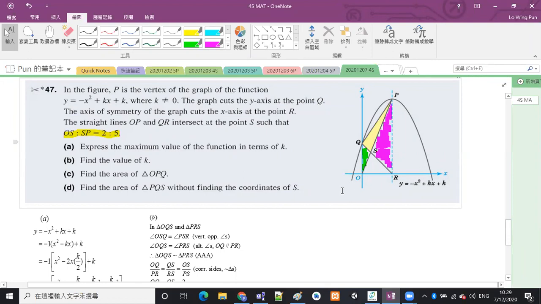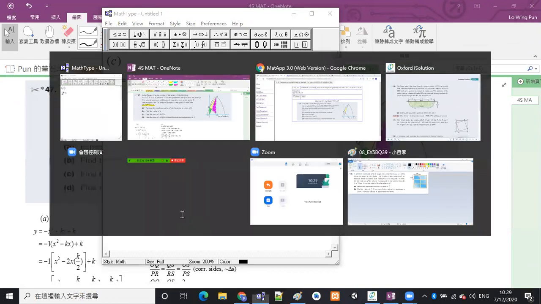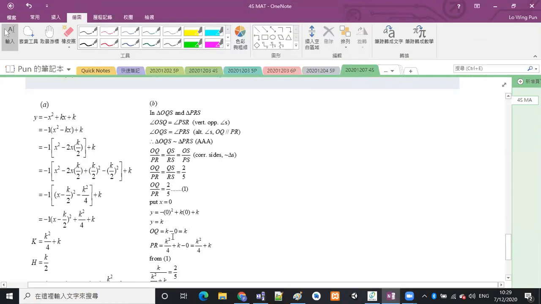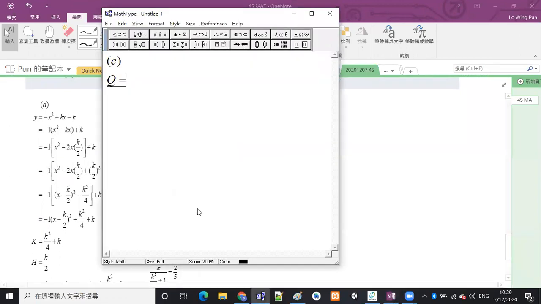OPQ. Okay, so we have already found the coordinates of Q. Let me write it once more. Q is at (0, k), and we have found that k is equal to 6, right? So that should be (0, 6).